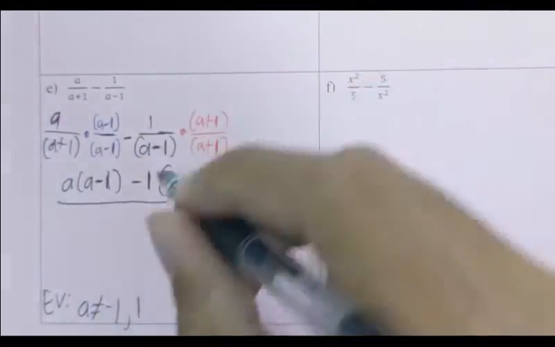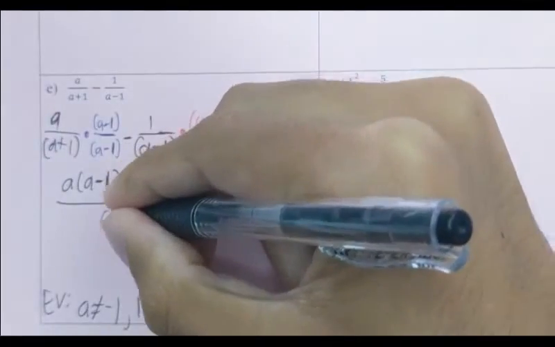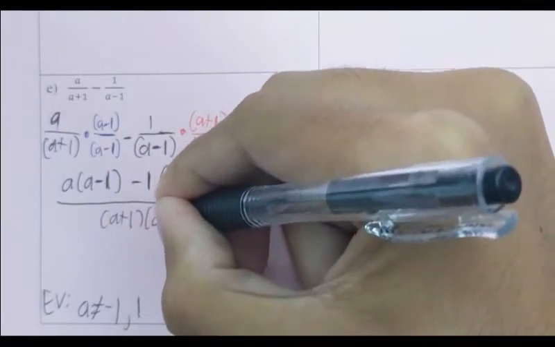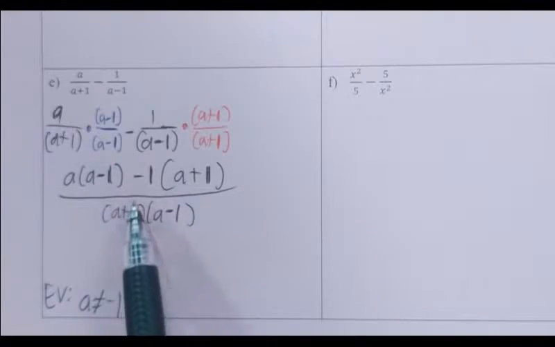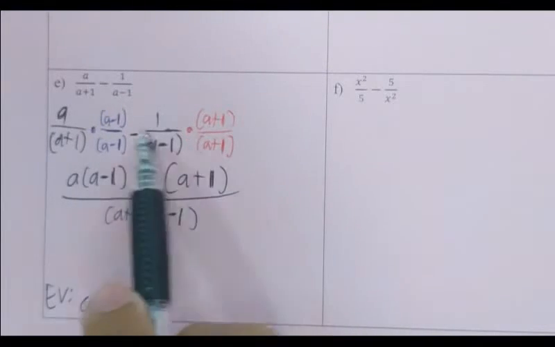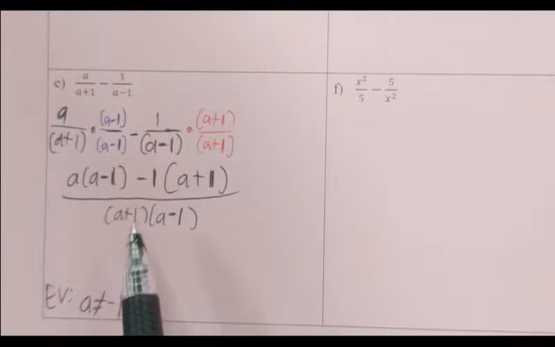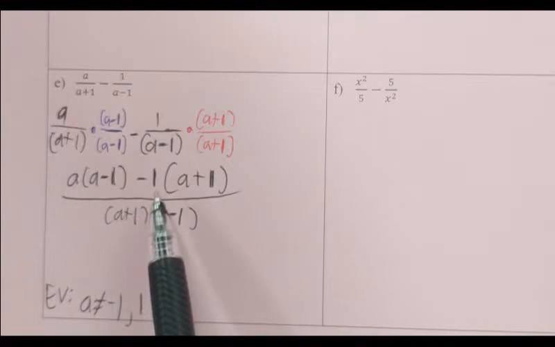And then the denominator will be a plus 1, a minus 1. Remember there's no reason to reduce right now because if we cancel out, we're just going to get back to where we started. Actually, there isn't a common factor yet anyways.